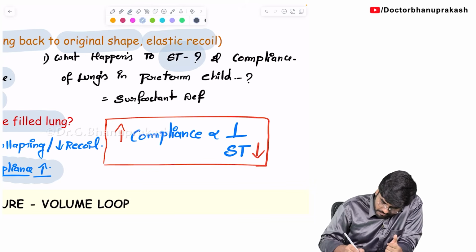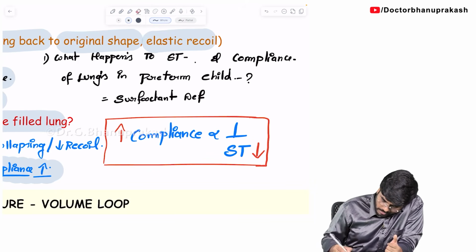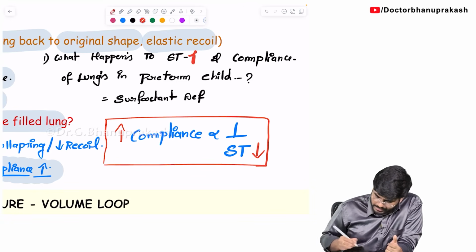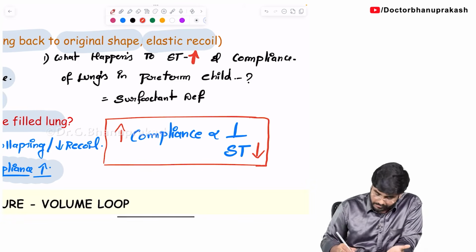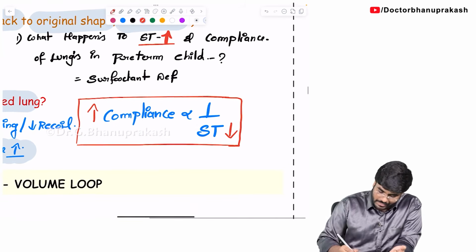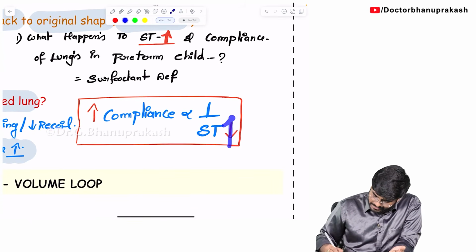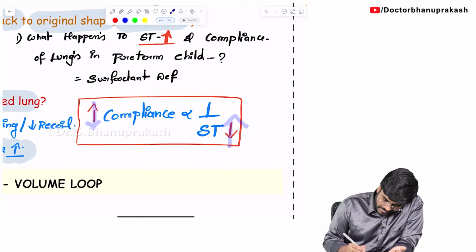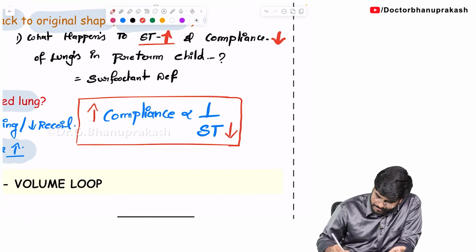Now there is going to be more surface tension. So according to our formula, whenever surface tension increases, what should happen to the compliance? The compliance should be less. Now the compliance will become less.